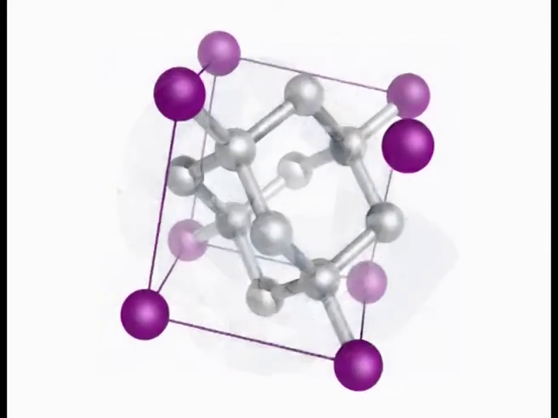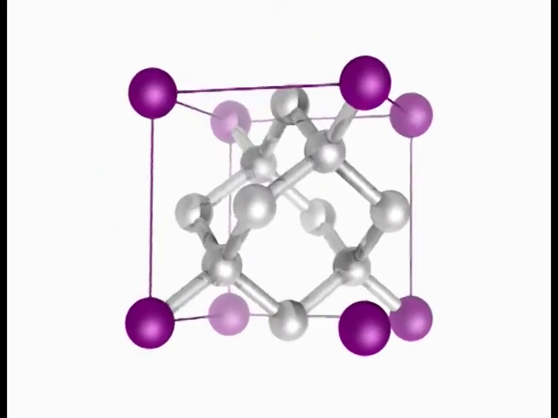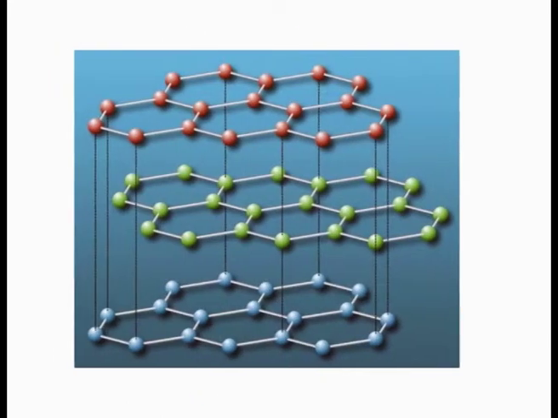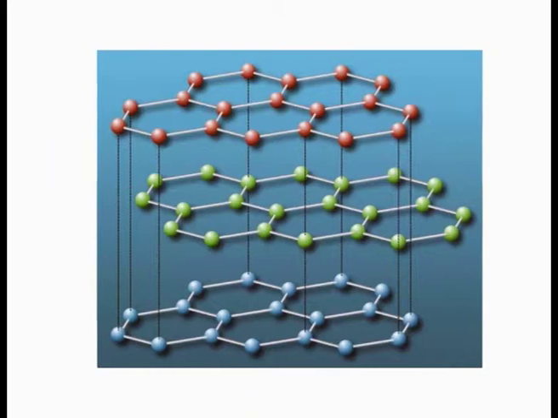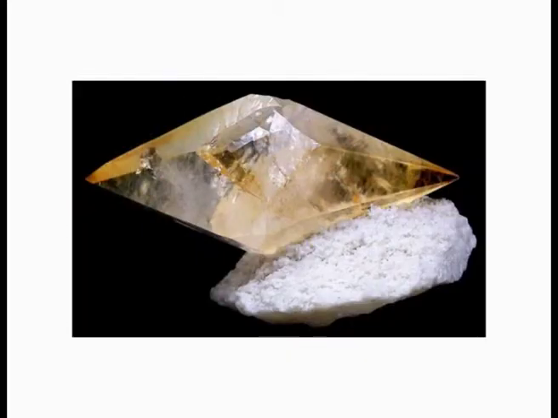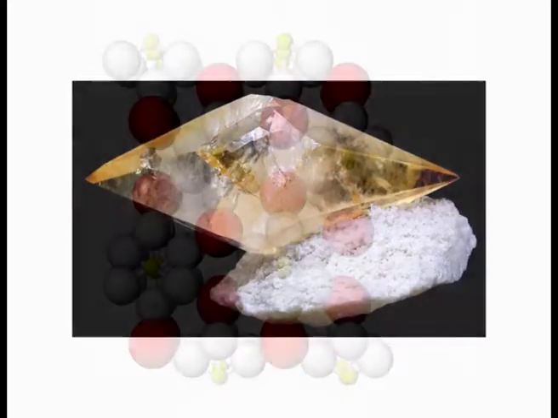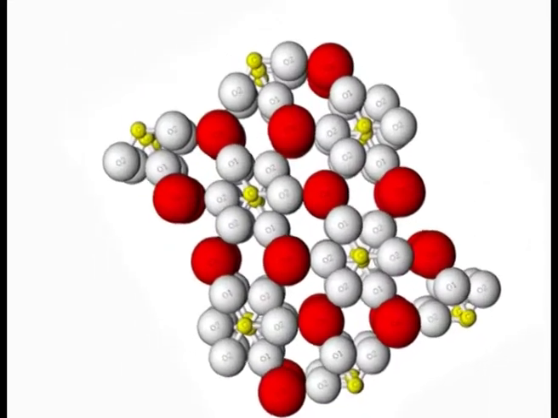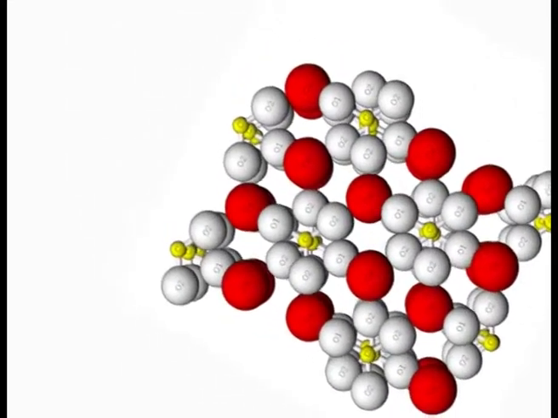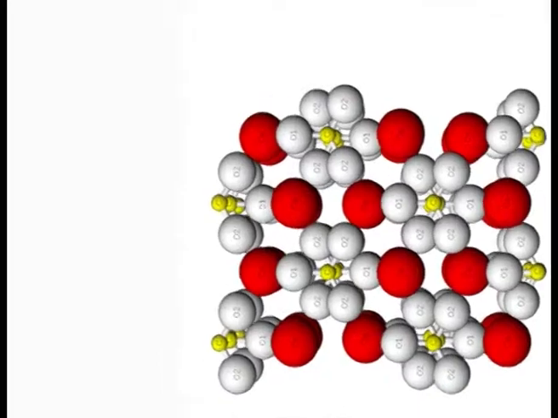Crystal structure affects mineral properties more than their chemical nature. Examples here include diamond, carbon and cubic, and graphite, which is carbon hexagonal, and calcite, which is trigonal, and aragonite, which is orthorhombic, both forms of calcium carbonate.